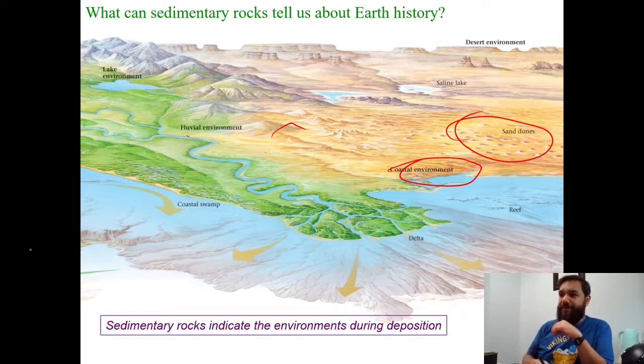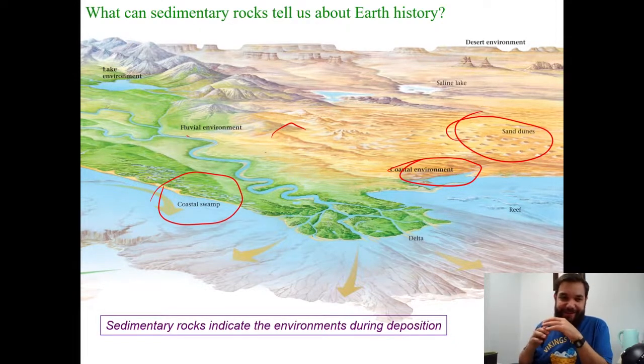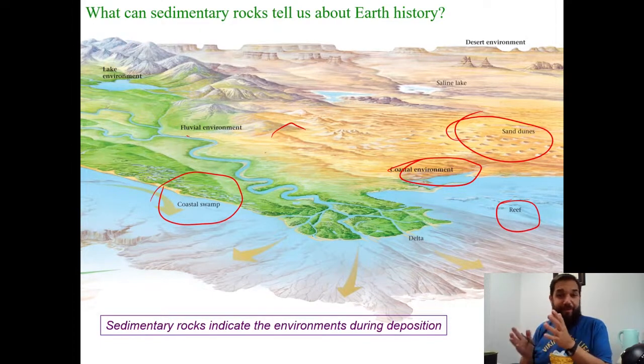If we find coal, coal indicates that you are in a coastal swamp. Think of a place like Louisiana or Alabama, where there are the bayous and the swamps and things like that. That's the kind of place that someday will form coal. Okay, coal is a sedimentary rock too. Reefs, like coral reefs, are around everywhere, and they don't have to be coral reefs.